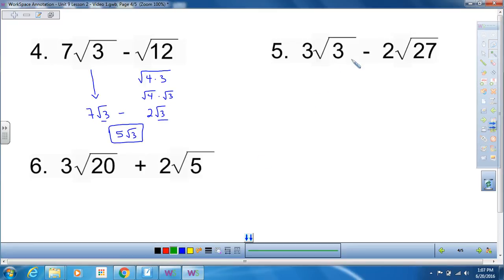Okay, look at the next one. This would be a good one for you to do on your own, just to practice. Alright, the 3 square root of 3 cannot be simplified. There's not a perfect square that goes into 3. But 2 square root of 27, 27 can be simplified, because 9, that's from my perfect square list, goes into it.